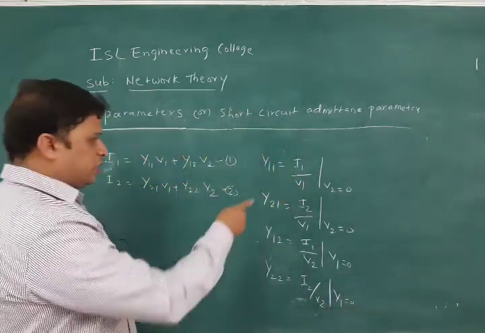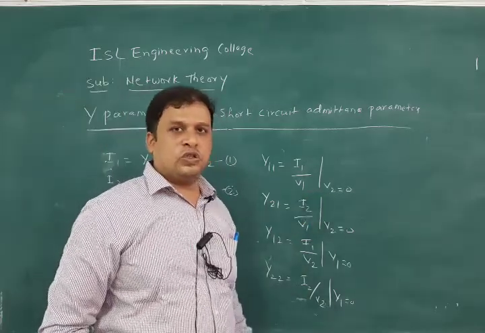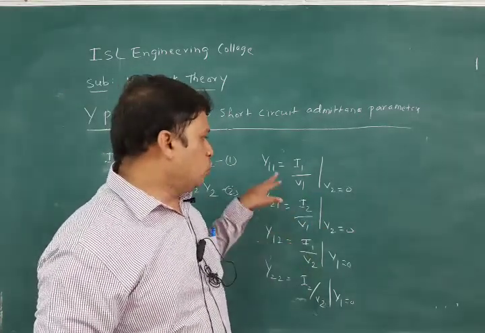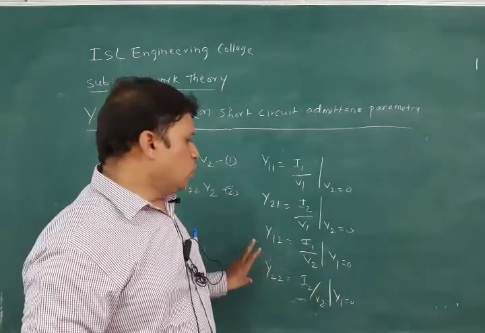So V2 is equal to 0 for two parameters and V1 is equal to 0 for the other two.